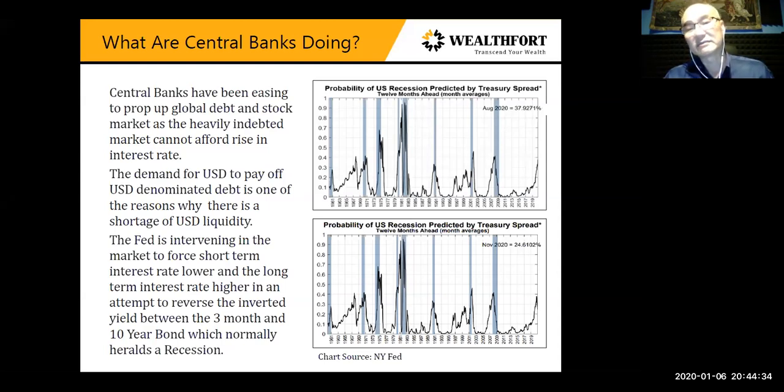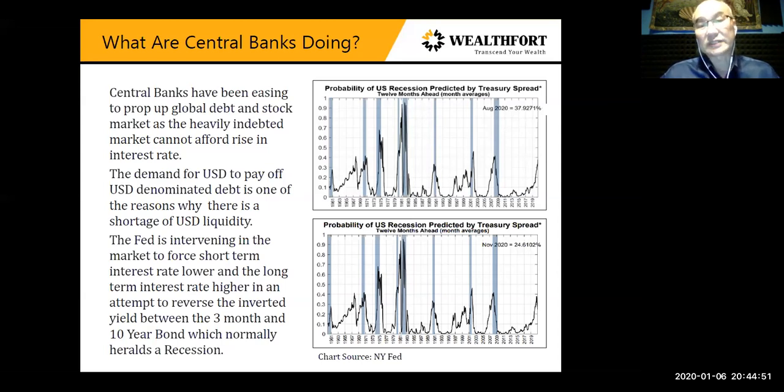Actually it is not so. They borrow money to buy back their own shares. So that's why corporates are so happy. So central banks have been easing to prop up global debt and the stock market, as the heavily indebted market cannot afford a rise in interest rates.